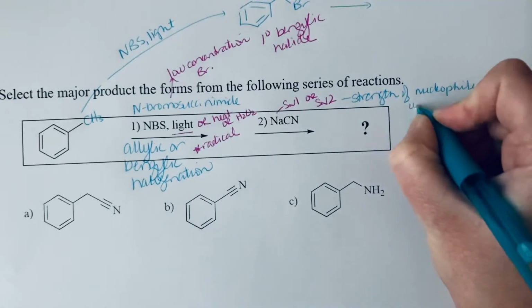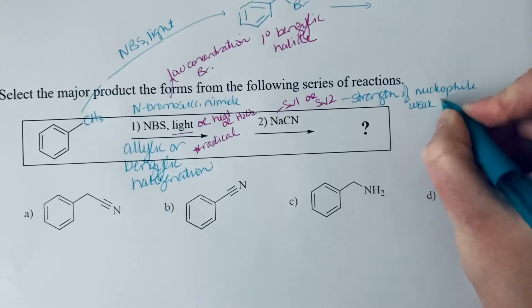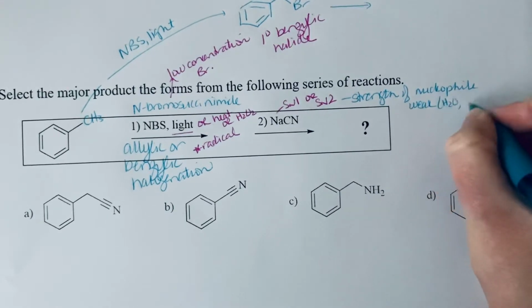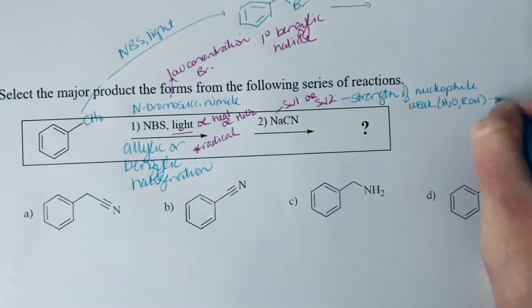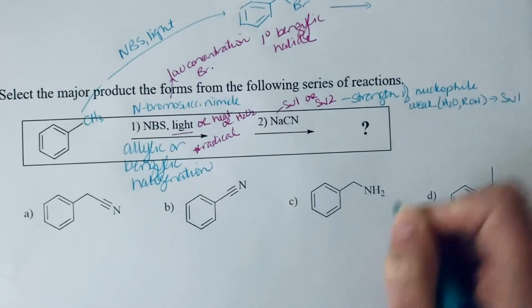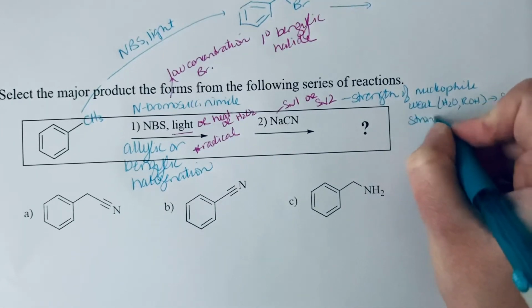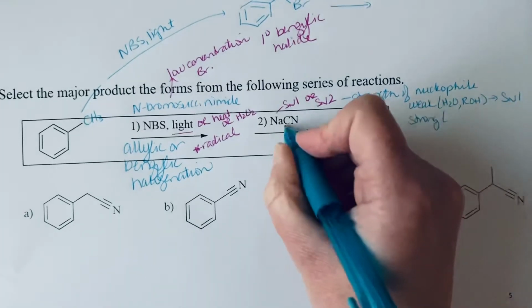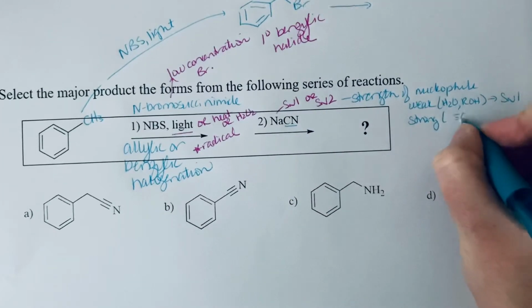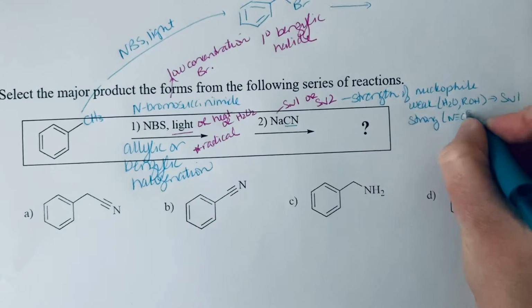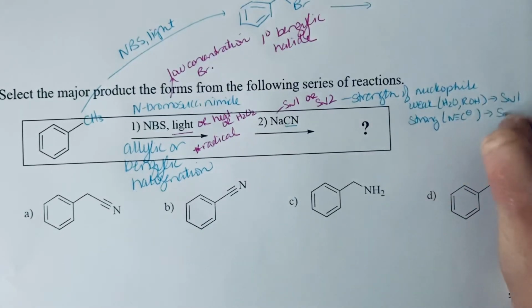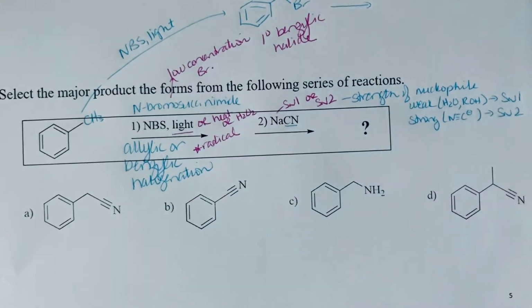So if you have a weak nucleophile, so something like a neutral water or an alcohol, you would see this undergo an SN1 pathway. If it was a stronger nucleophile, like this cyanide ion, it is going to undergo an SN2. And of course, there's a lot more examples of strong nucleophiles that you've been introduced to before.